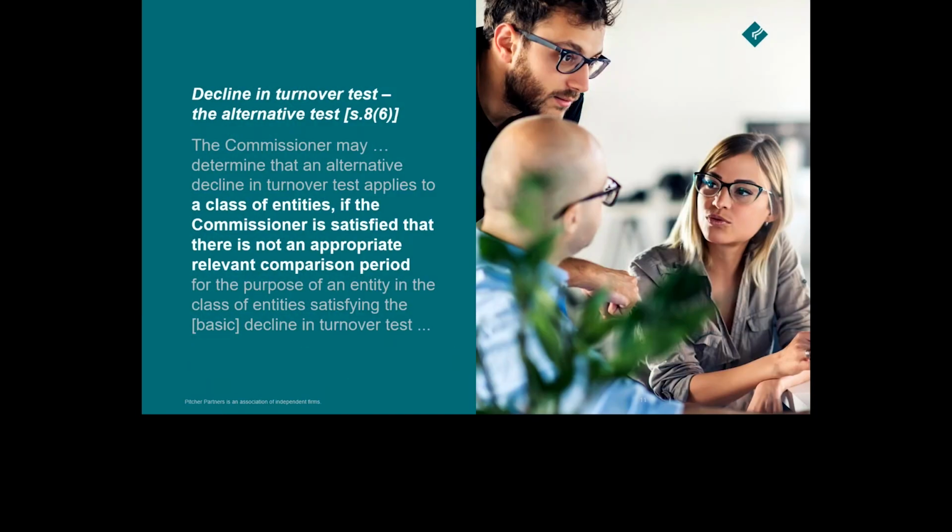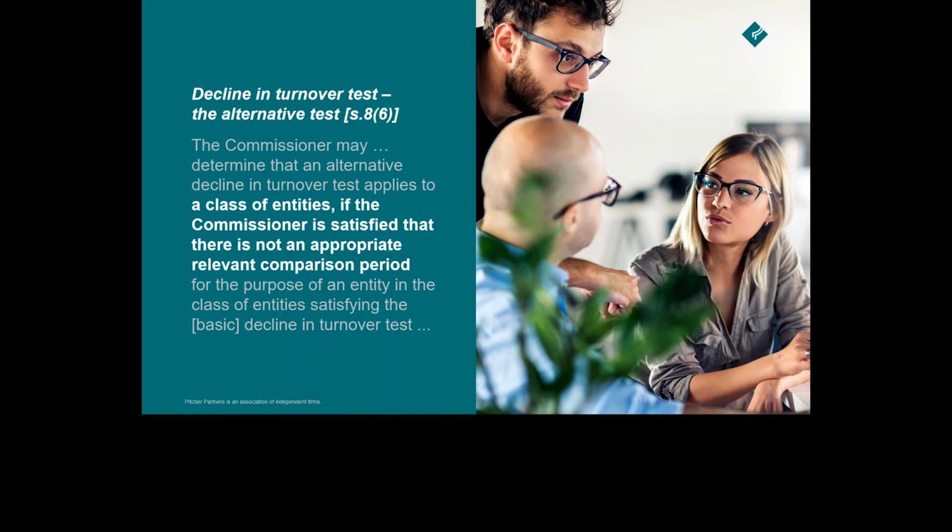So what do we have? Essentially, under the rules, the Commissioner has a power to set alternative tests for a class of taxpayer if they're satisfied that the comparison period would not be an appropriate period for it to test. So the Commissioner can go out and set circumstances where he believes that the comparison period isn't an appropriate comparison period and set out alternatives. And that's a legislative power.